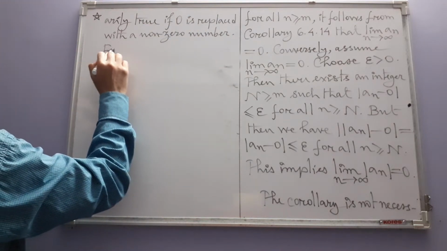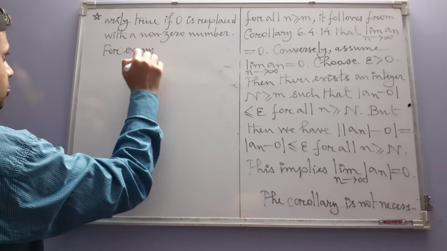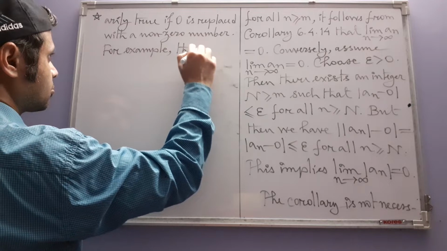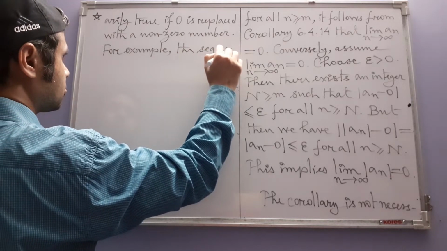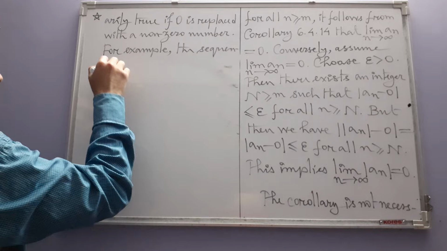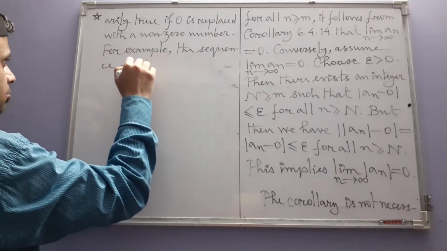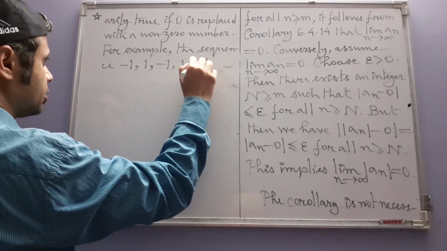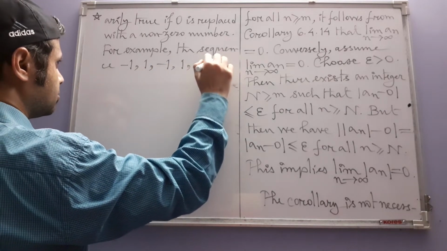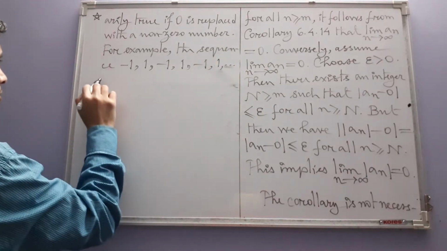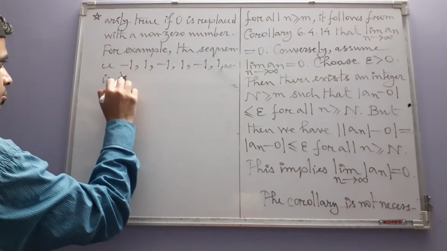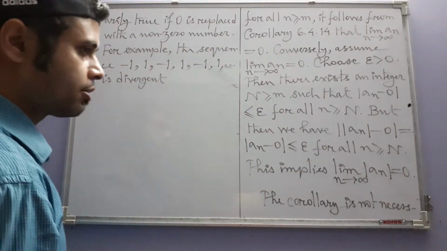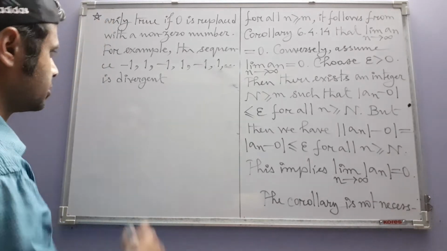To see that, this sequence whose terms are alternately -1 and +1 is divergent. This we already know. It is not a Cauchy sequence, so it cannot be convergent.